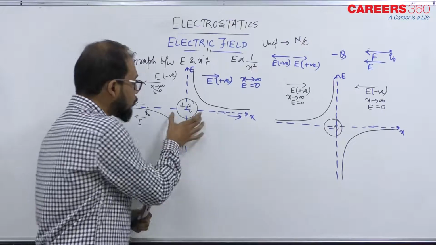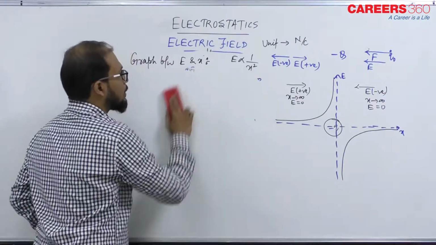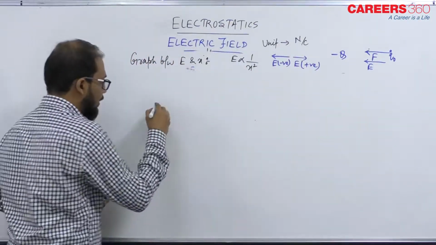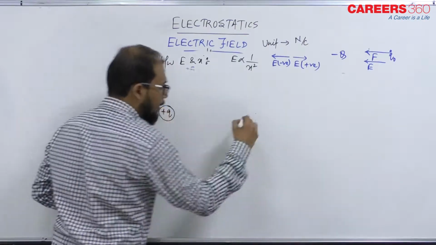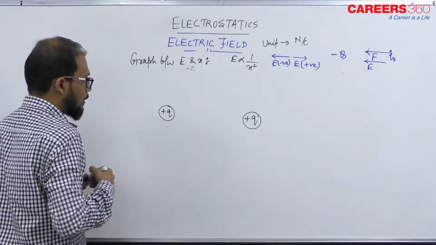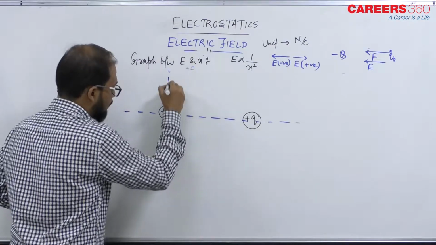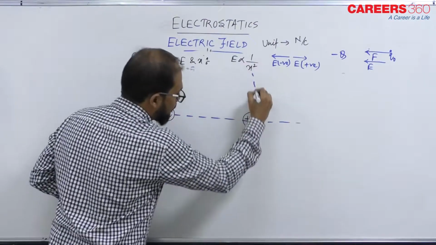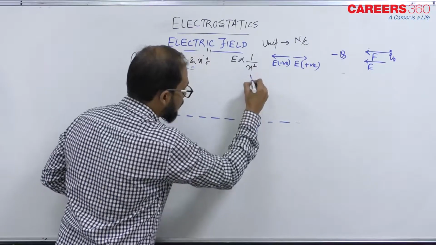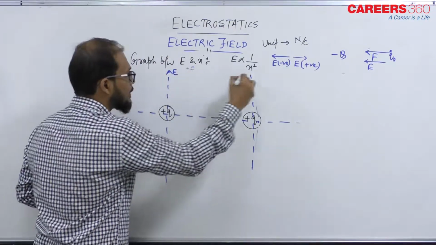Now what will happen if two charges are placed at some distance? Suppose here a plus q charge is present, and here is also a plus q charge present. Now, this is the electric field and this is the electric field.